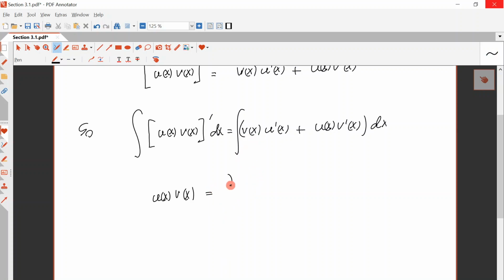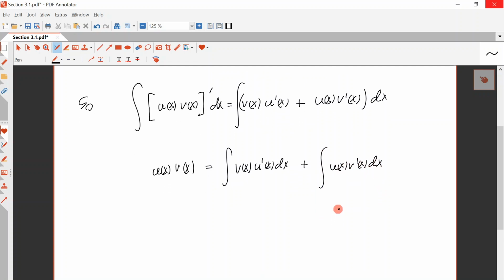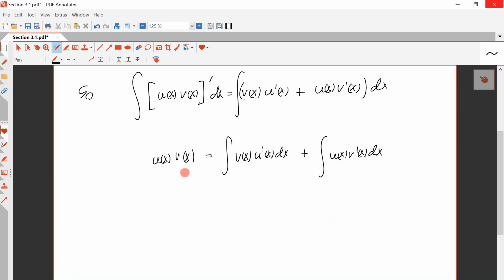And this is the antiderivative of v(x) u'(x) dx plus the antiderivative of u(x) v'(x) dx. Okay, so u times v is the antiderivative of v times u' plus the antiderivative of u times v', right? The antiderivative of the sum is just the sum of the antiderivatives. All right, so let's move this term over here and this term over here, right?